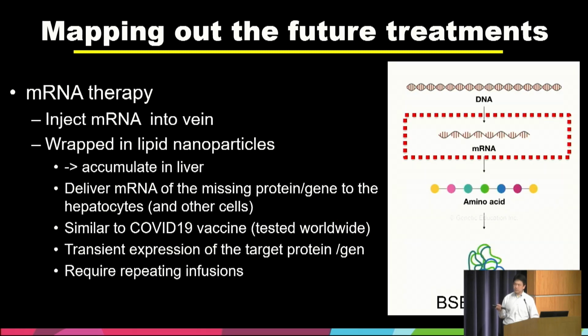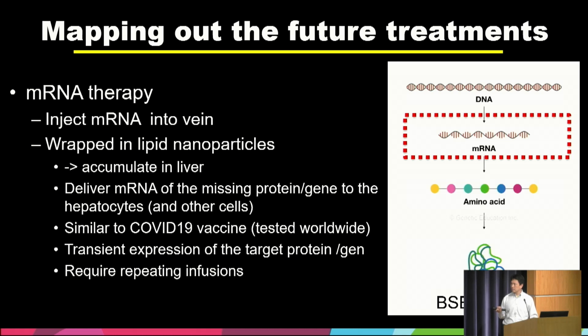Basically, we inject messenger RNA into the vein, wrapped in a lipid nanoparticle, and the liver is a natural organ to accumulate lipid. So it's a natural destination, not selective, but the liver naturally takes up those lipids and they accumulate in the liver. So the liver is a very favorable target organ for this approach.